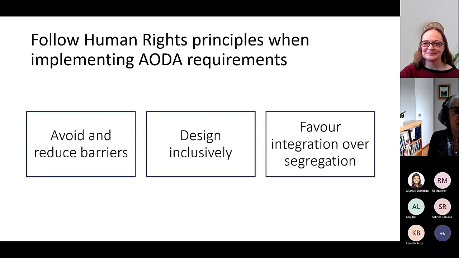Thanks, Stephanie. So guidelines tell us what to do to make something accessible, and human rights principles emphasize why it's important. It is important to follow human rights principles and not lose sight of the why when you're creating accessible open education resources. And one way to do that is to avoid and reduce barriers.